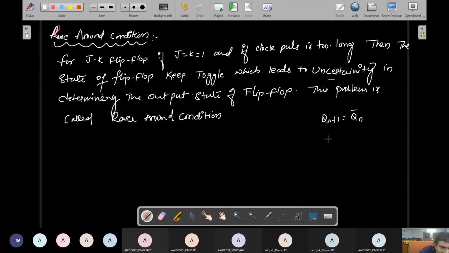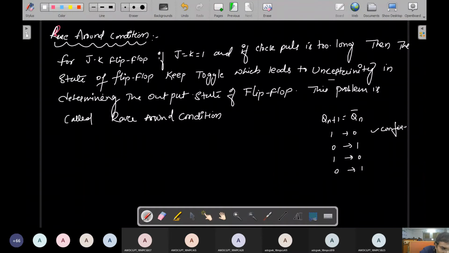If you consider this is 1, you will get 0. If you continue, if you give 0, it comes 1, and again 1 it will come 0, and again 0 it will come 1. The state is completely confused.